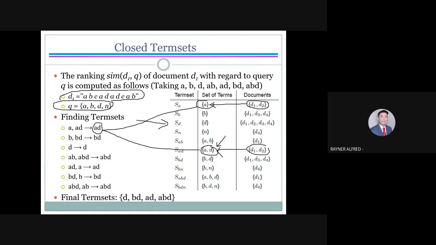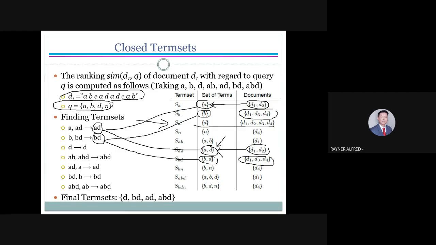Okay, we have this also 3. So we will take this one, B and BD, and B and BD is this one. Then the closed term set will be BD. Okay.